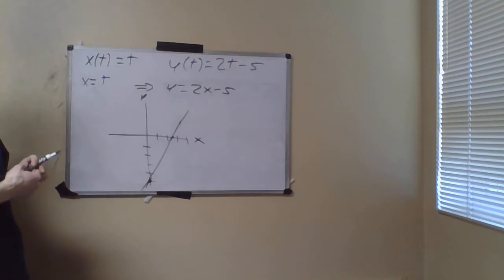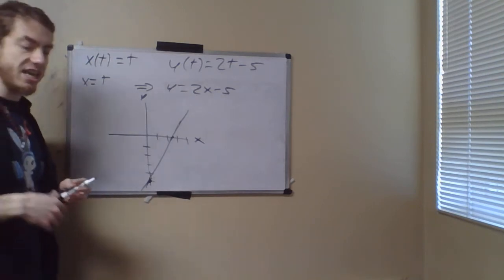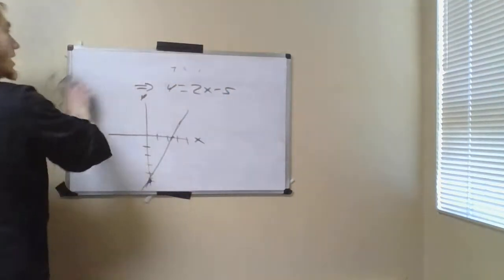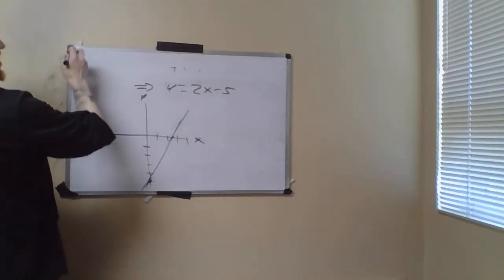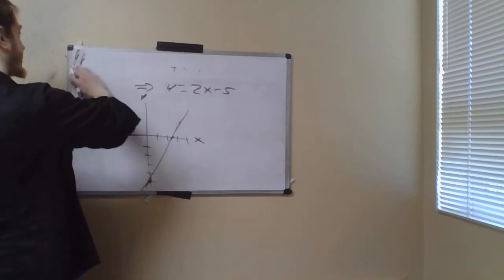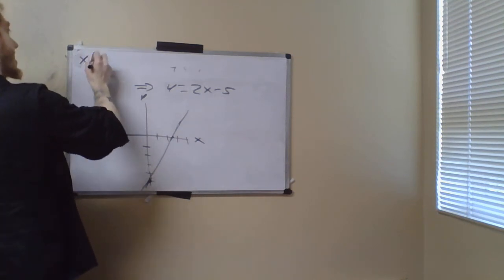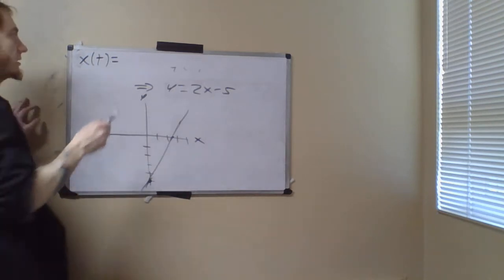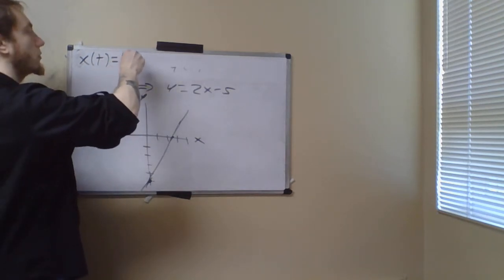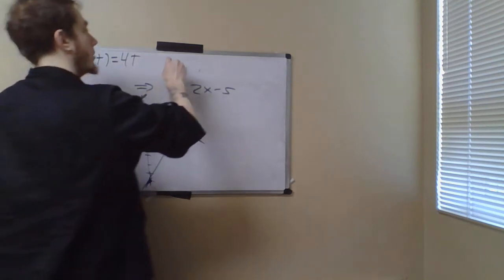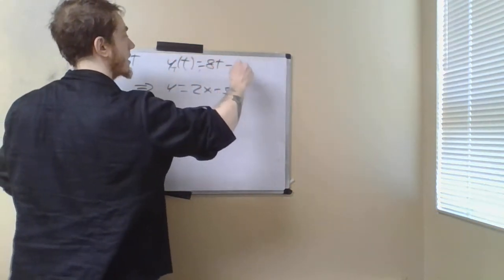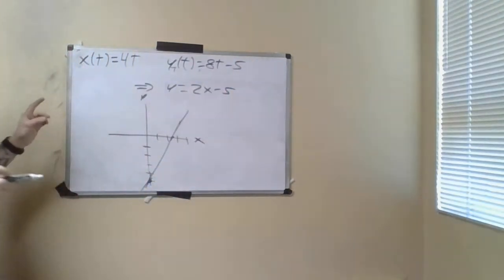So what if instead of just setting x of t equal to t, let's start by actually drawing x of t. I would like to say, for whatever reason, let's say that I want to set this equal to 4t. But then I set y of t equal to 8t minus 5.